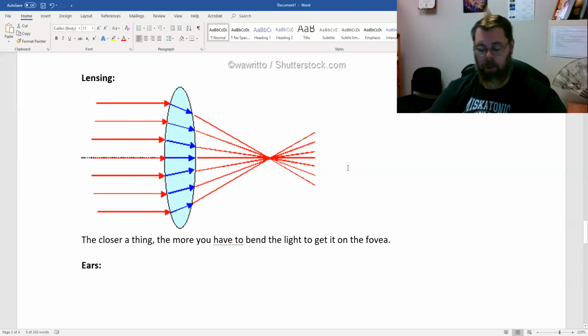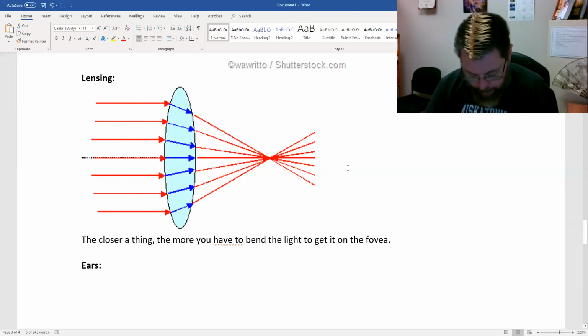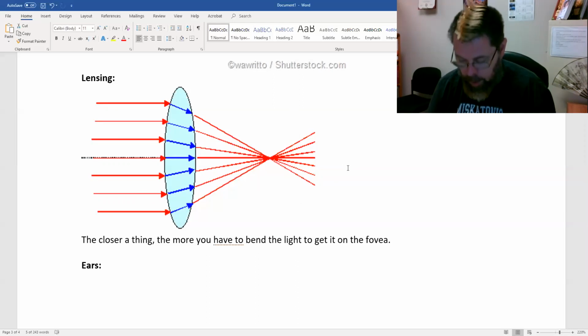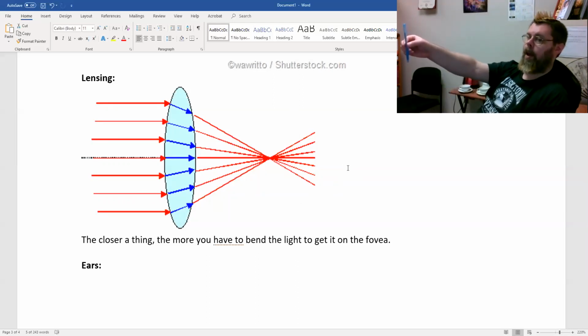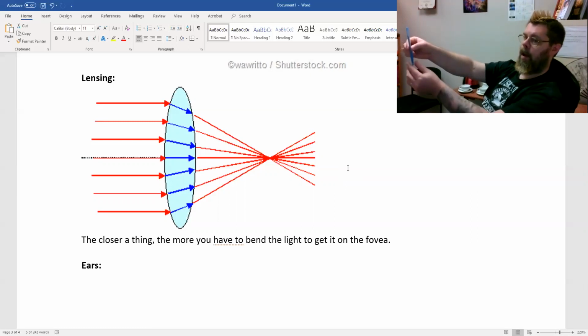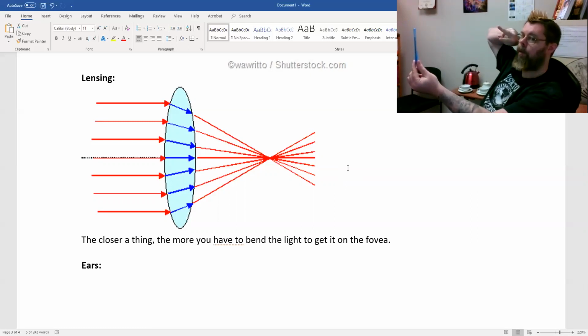What do we mean by this? Do you have a pen? Grab a pen and hold it out at arm's length. Then with your fingers, point your middle finger at the top of the pen, and your pointing finger at the bottom of the pen.